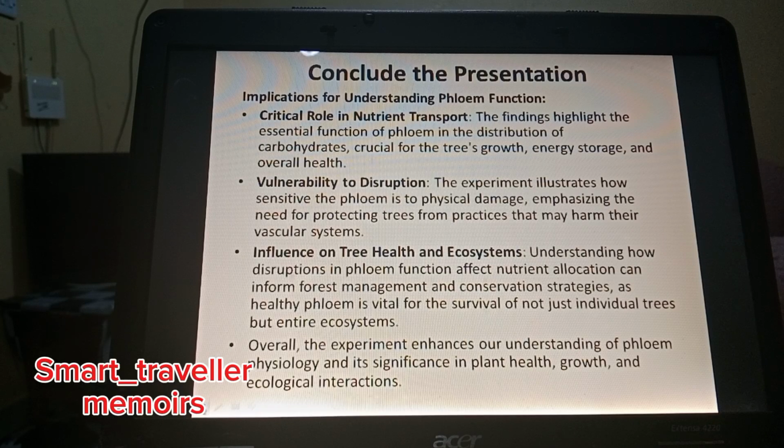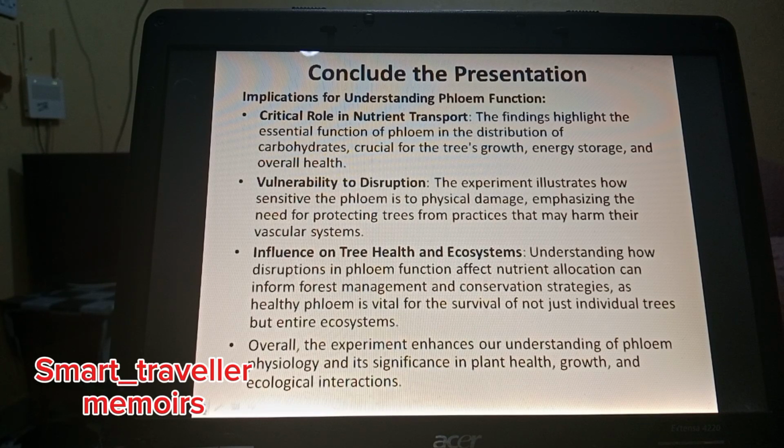Implication for understanding phloem function: critical role in nutrient transport. The findings highlight the essential function of phloem in distribution of carbohydrates, crucial for trees' growth, energy storage, and overall health. Vulnerability to disruption: the experiment illustrates how sensitive the phloem is to physical damage, emphasizing the need for protecting trees from practices that may harm their vascular systems.